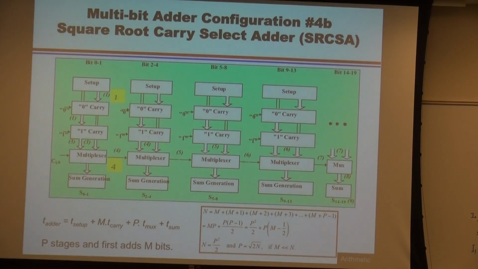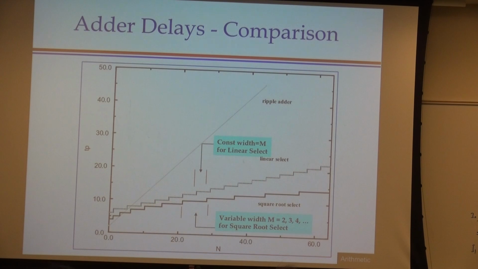The idea is like this, that first one is 2 bits, then 3 bits, 4 bits, 5 bits, and there are such stages, and p is equal to square root of n. And this is what we will call the square root select adder.